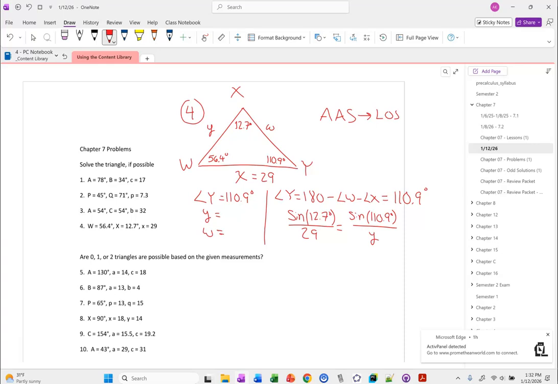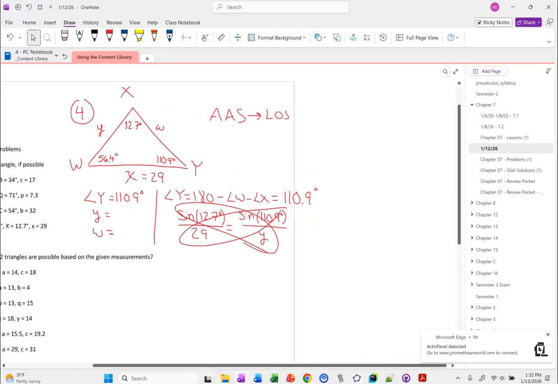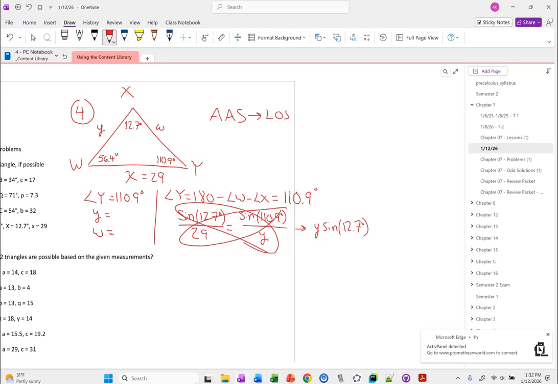That type of equation is called a proportion, where I have one fraction equal to another. The way we solve a proportion is to cross multiply. So I'm going to have y times sine 12.7 equals 29 times sine of 110.9.